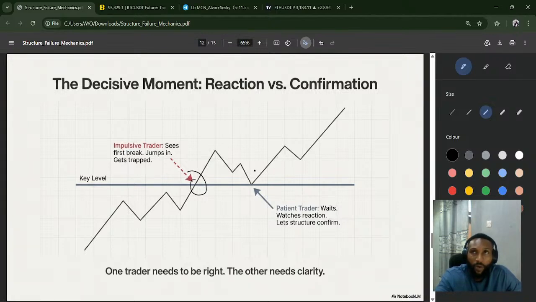Patience is very, very key in trading. One trader needs to be right, the other needs clarity. One trader is trying to prove he is right, and the other needs clarity. The patient trader needs clarity.